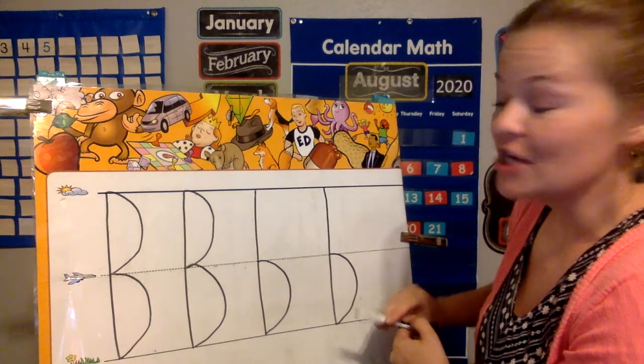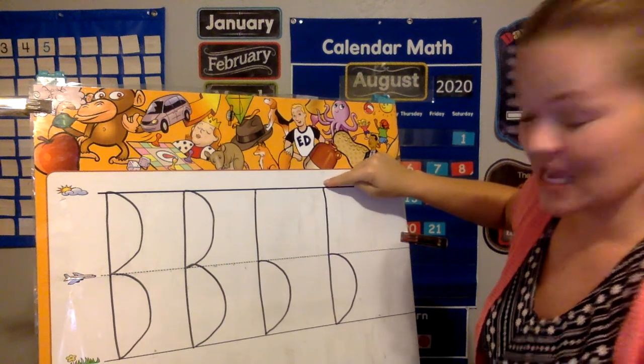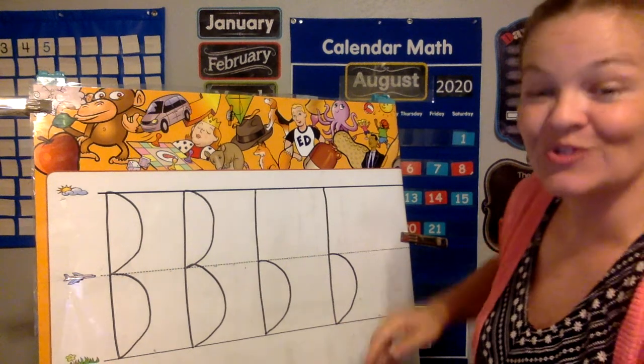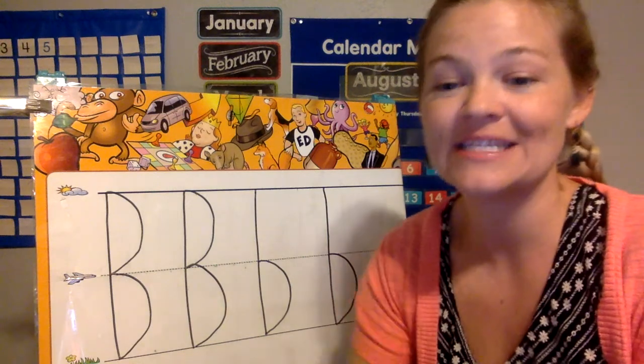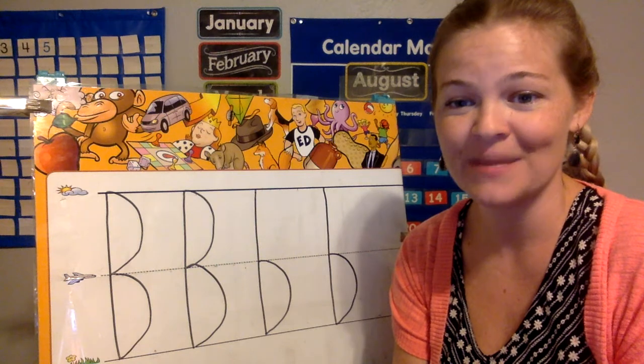So let's check. Does lowercase b go above the skyline? Nope. Does lowercase b go below the grass line? Nope. So try your best to write in the lines, okay? But it does not have to be perfect. We're just practicing. We are learning, so it does not have to be perfect. Just do the best you can.